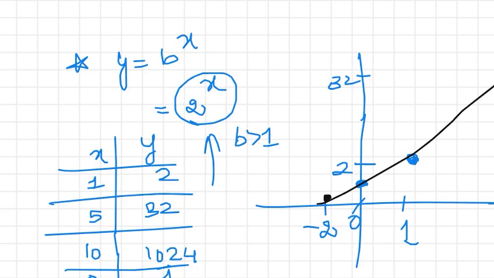So it'll never be able to reach 0. One other way to look at it: say something to the power x, an exponential function, right? It can never be negative. It is always positive, assuming the base is positive. So 2 to the power anything is always a positive quantity.